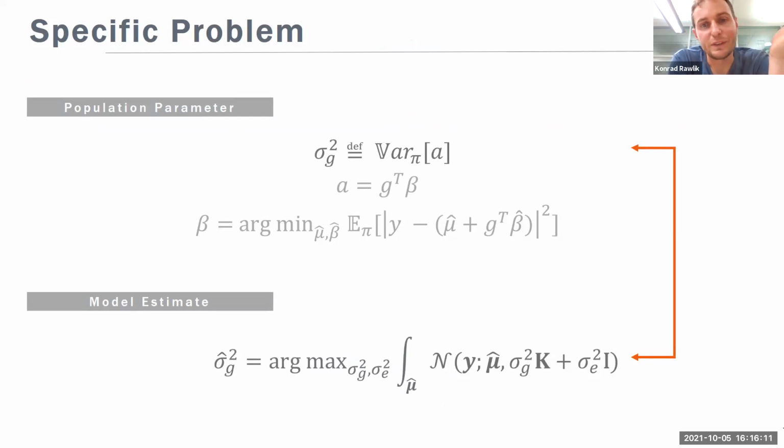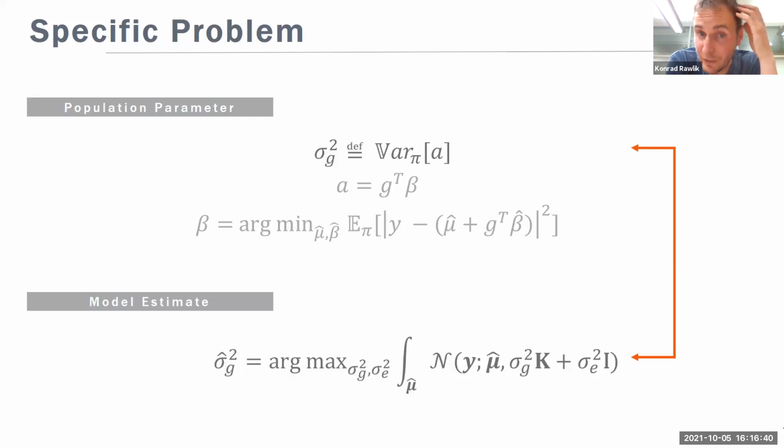The SNP heritability is the variance of the additive genetic values, or breeding values in animal breeding. What are these breeding values? They are just, for an individual, the genotype times the SNP effects. What are the SNP effects? Well, the SNP effects are just the results of regression of genotypes on phenotype.